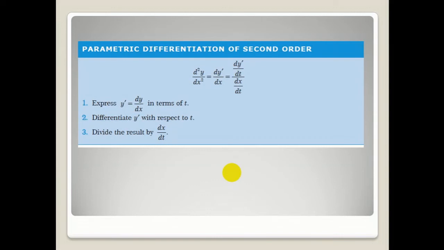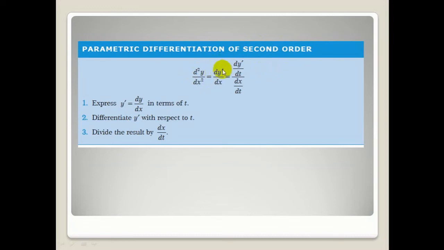Okay, another differentiation. This one is about parametric differentiation of second order. That means you differentiate that function two times because they ask about second order. Look here, d squared y over dx squared. Pardon, sorry.